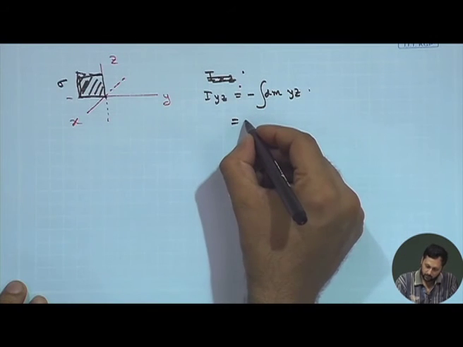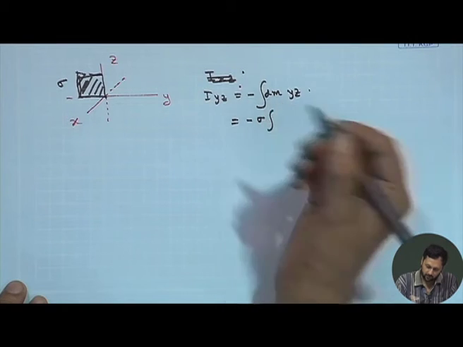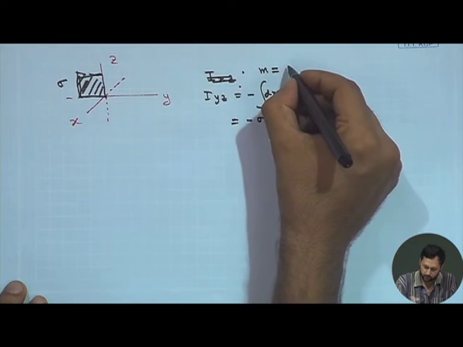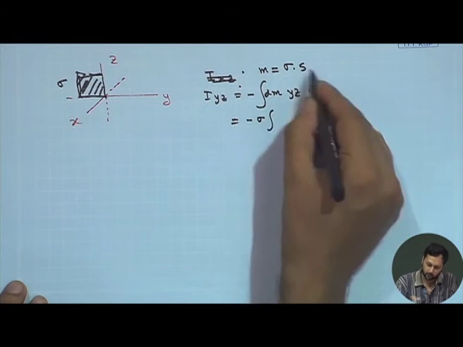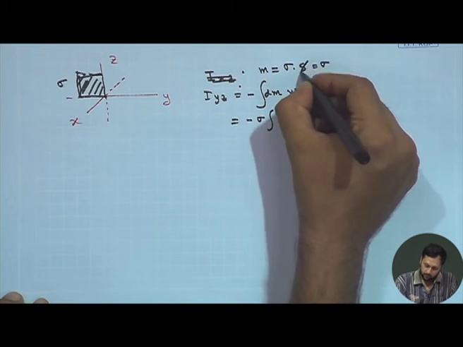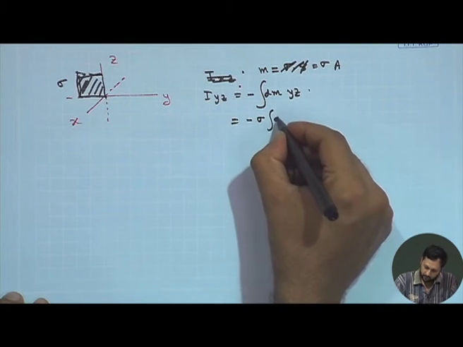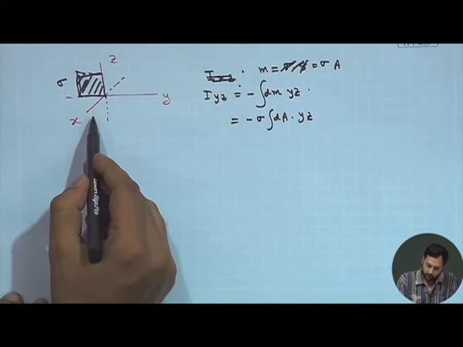So we have minus sigma dA yz. The total mass m will be equal to sigma times S, the total area, or sigma times A if you do not like S. Now, look at this mass distribution.